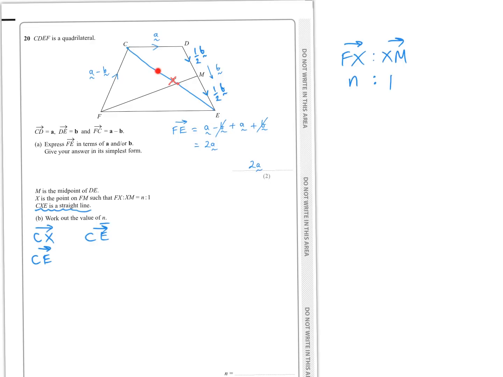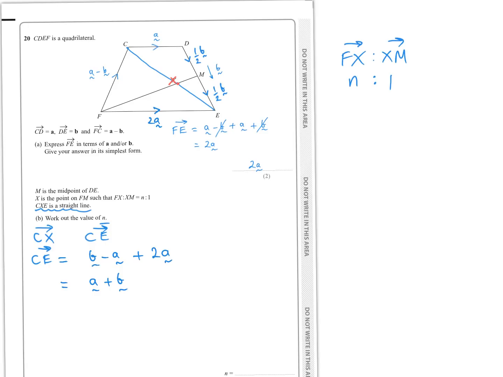So C to E is just going to be minus A plus B, because it's the opposite way round to this, because that was FC, this is CF, so it's going to be B minus A plus FE, which we've already got as 2A, so I'm just going to mark that in there. So we can say that CE is going to be B minus A plus 2A. And that's going to be A plus B. Well, that looks okay.